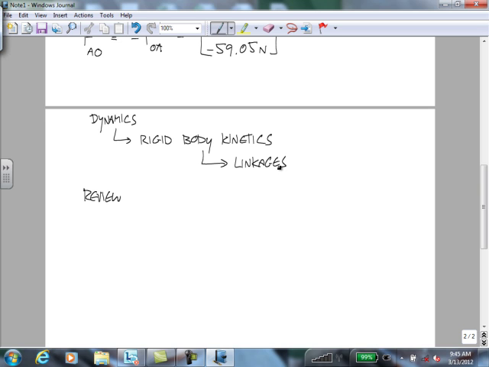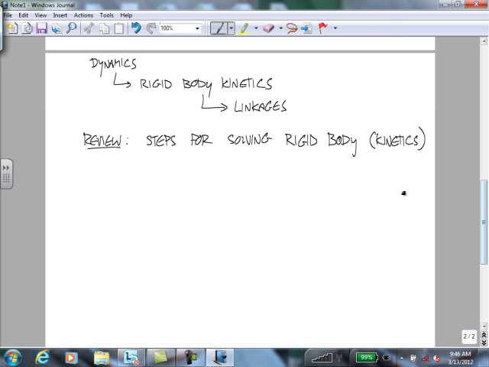Okay, so as a review, steps for solving a rigid body. We're talking about kinetics. So without looking back at your notes, anybody remember what the first thing we have to do is?